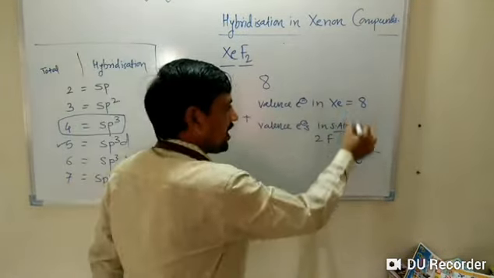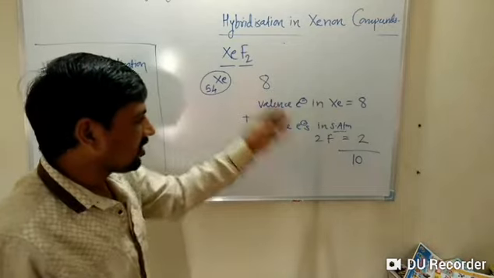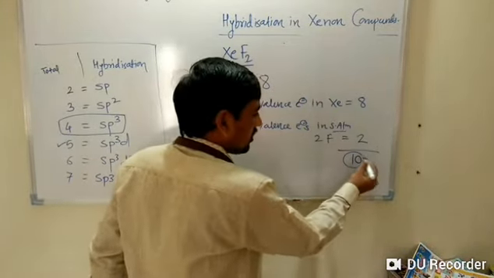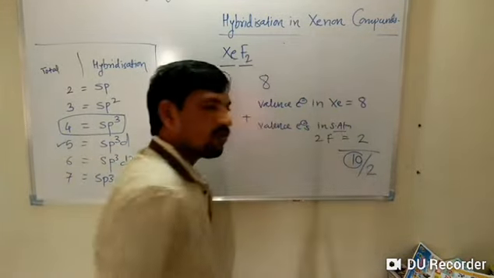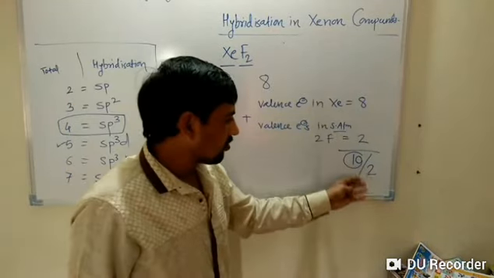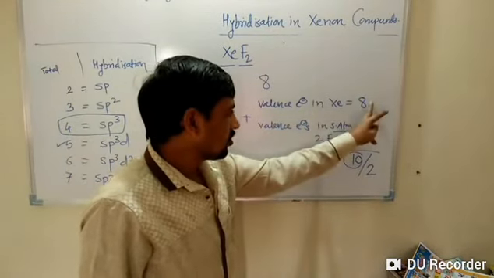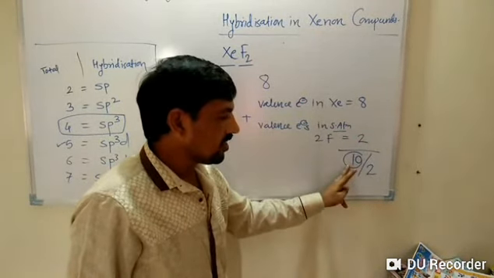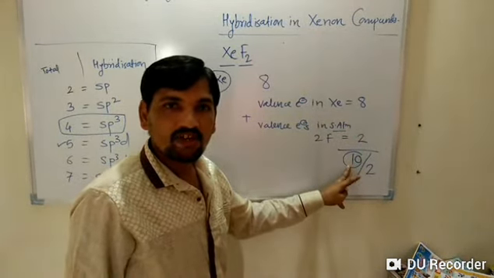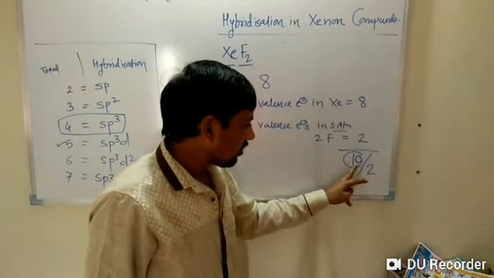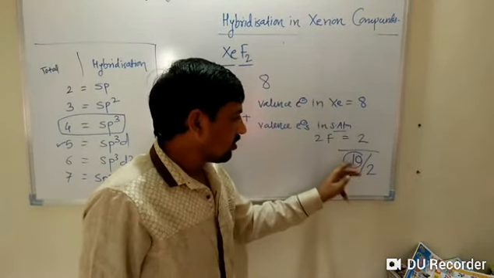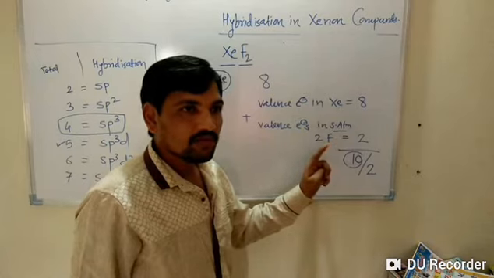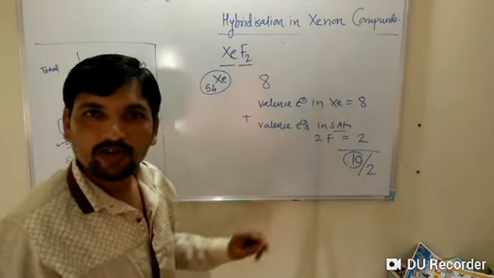After addition of the valence shell electrons of all atoms, you divide this number by 2, because we are counting the number of bond pairs. So 8 plus 2 means 10 total valence electrons, and formation of one bond requires 2 electrons.